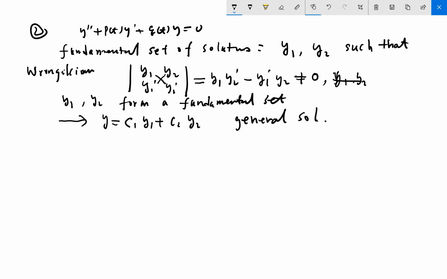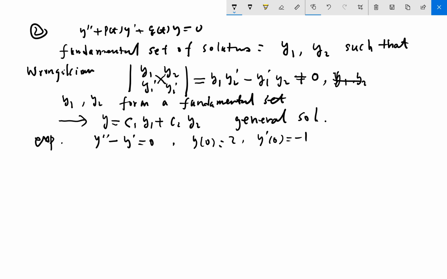Now let's look at an example. Let's use our old example from the last class, with y(0) equal to 2, y prime (0) equal to minus 1.